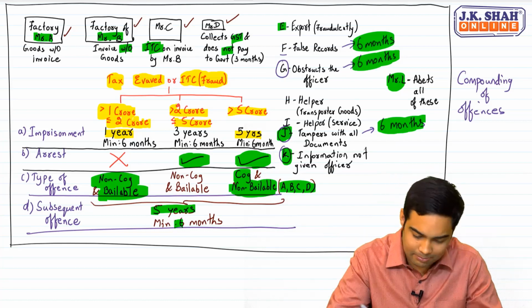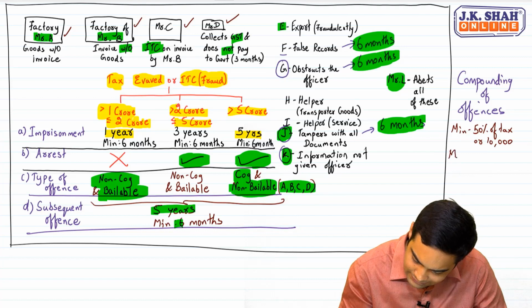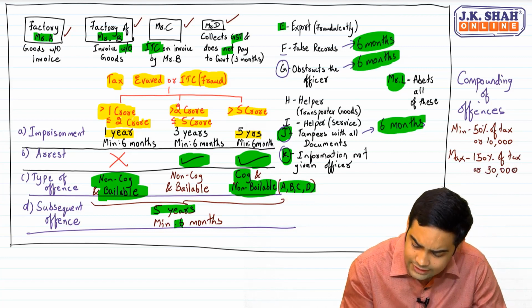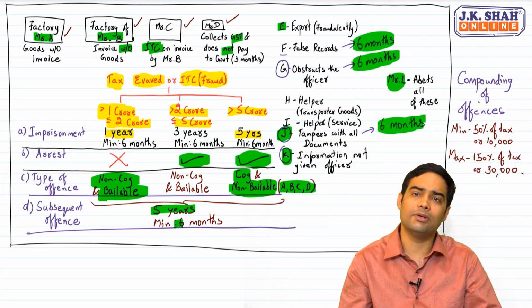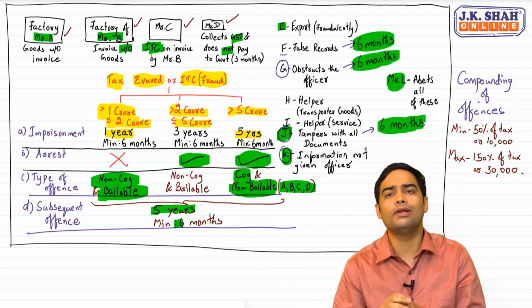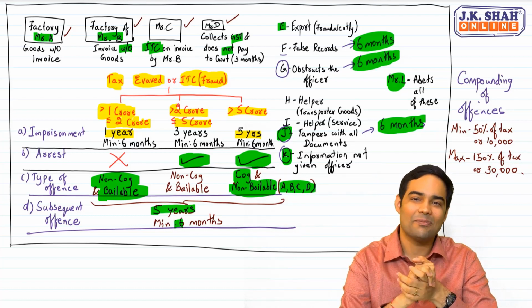This is the minimum. What's the maximum? The maximum is 150% of the tax or 30,000, whichever is higher. And who would determine this? Obviously, this will be determined by the proper officer. It's his discretion not to go below the minimum and not to go beyond the maximum.